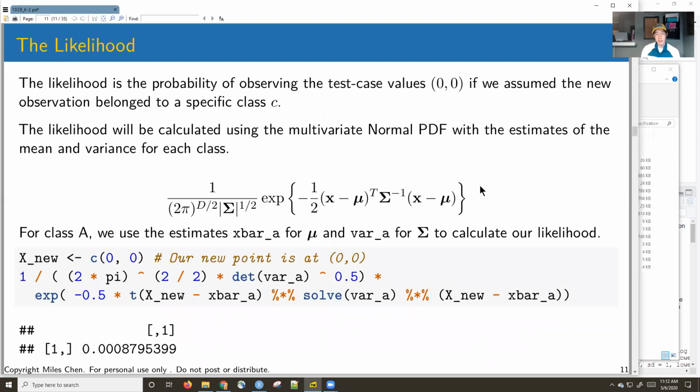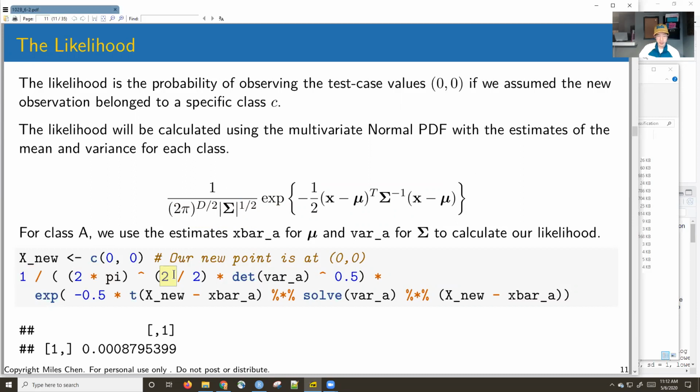Okay, so the multivariate normal PDF has this equation, and I went ahead and calculated the multivariate normal PDF. I did 1 divided by 2 pi raised to the d over 2.